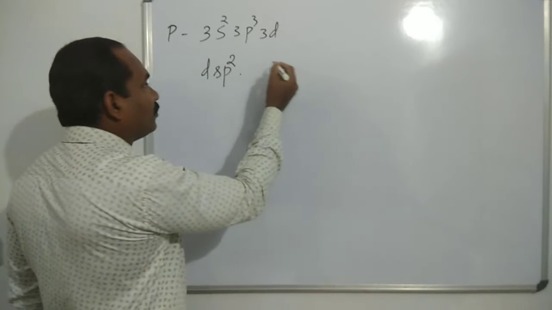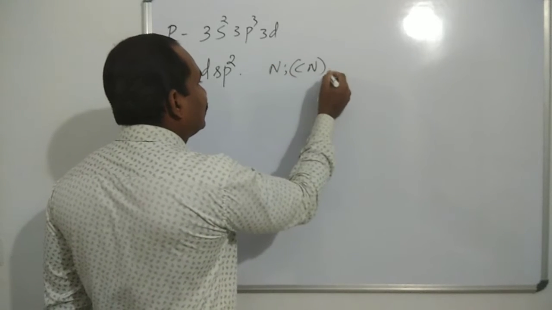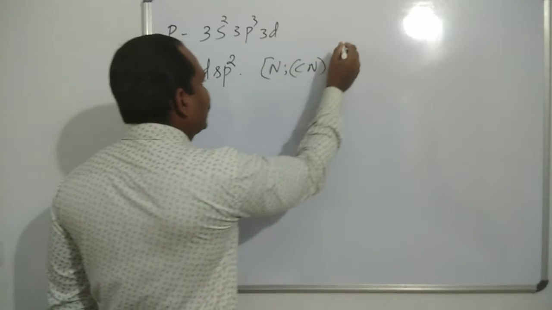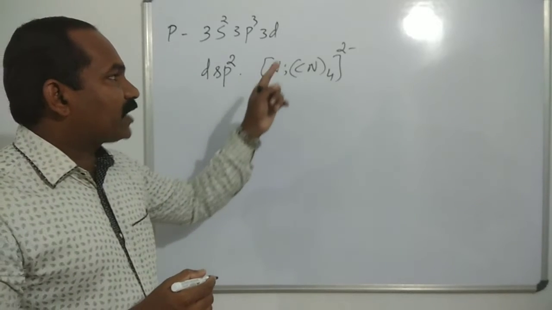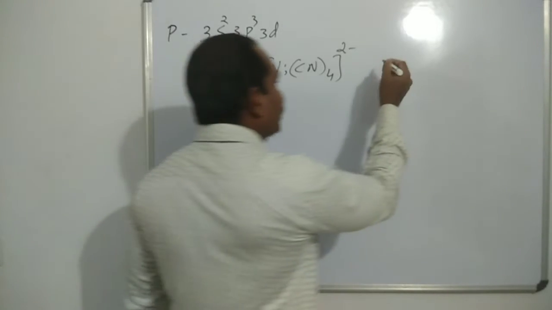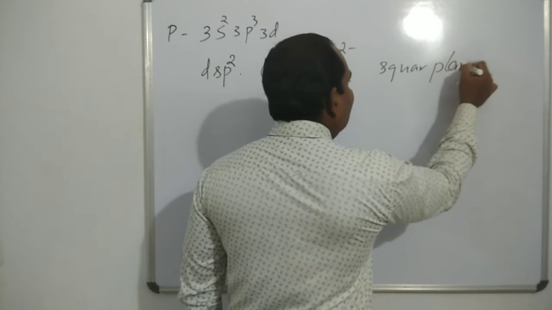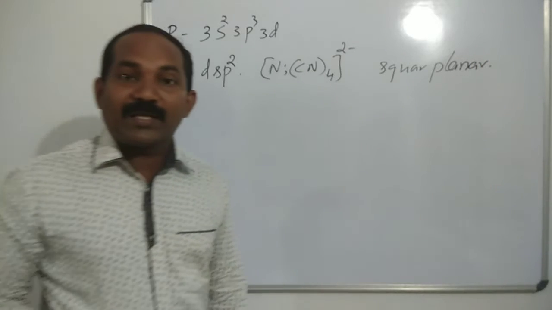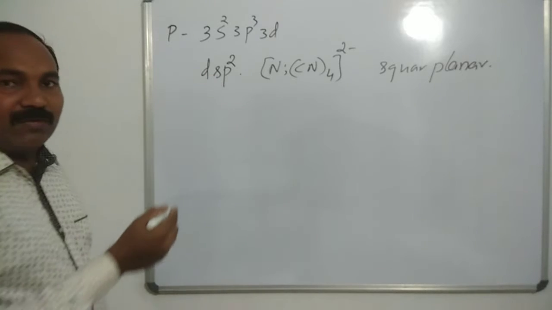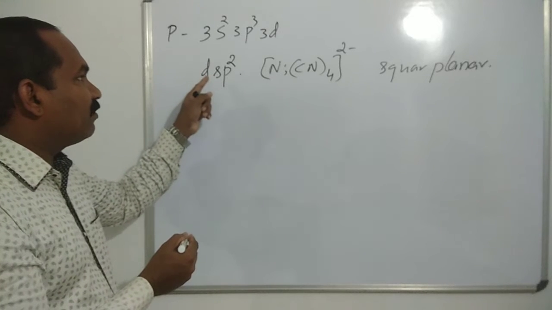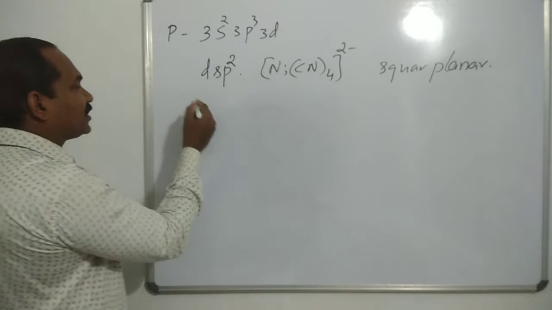The example for this hybridization is [Ni(CN)4]2-. It's a complex, and the shape of the complex is square planar. So in this case, the orbitals involved in hybridization are 3d, 4s and 4p. Remember that.